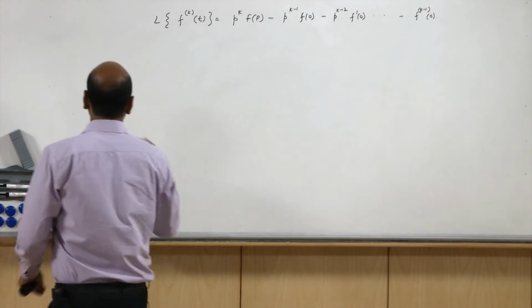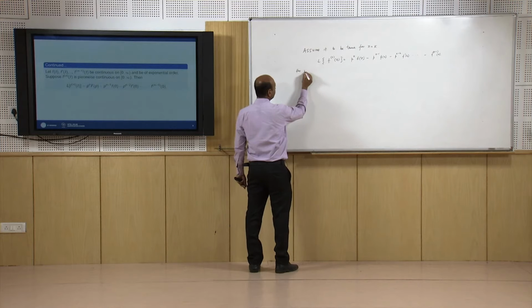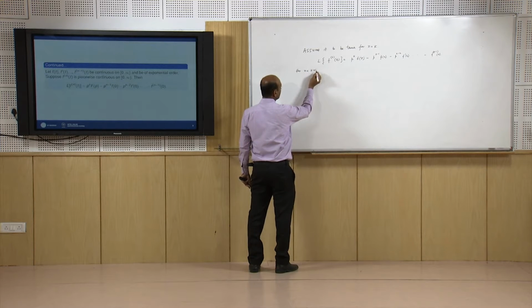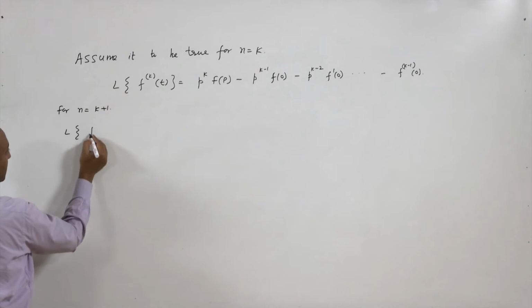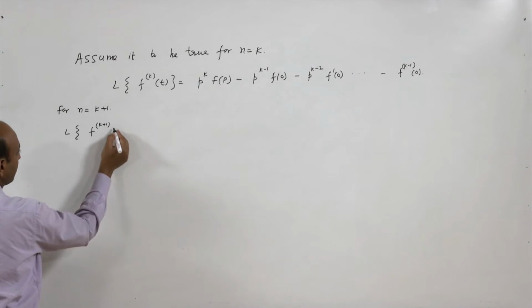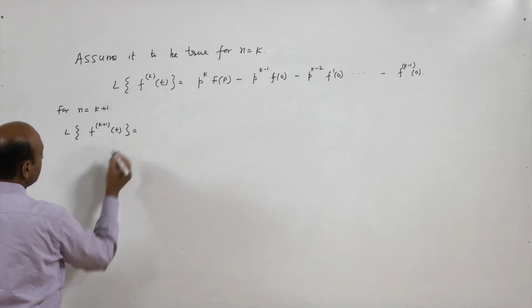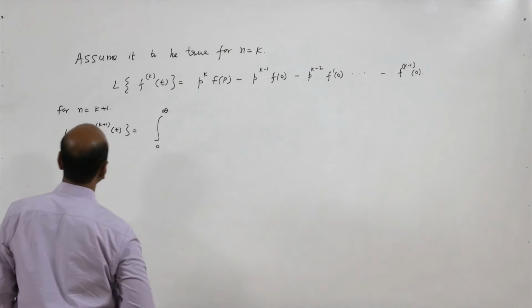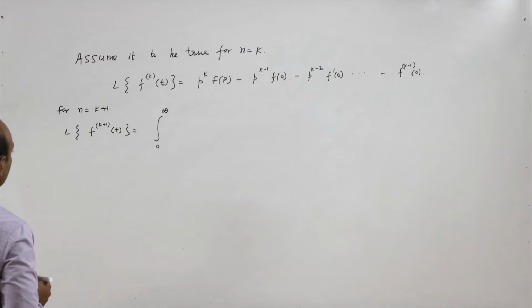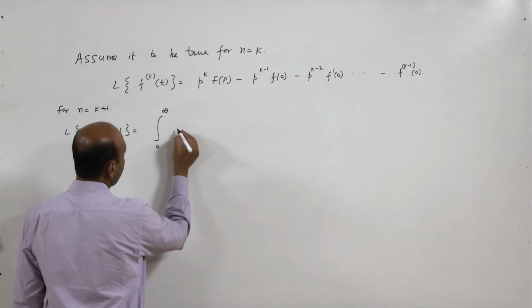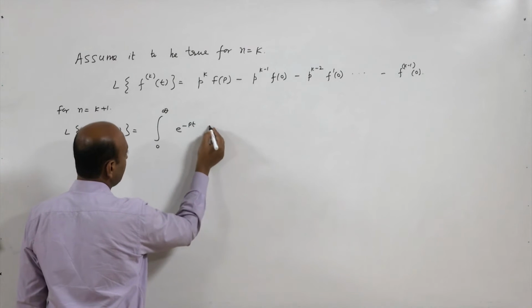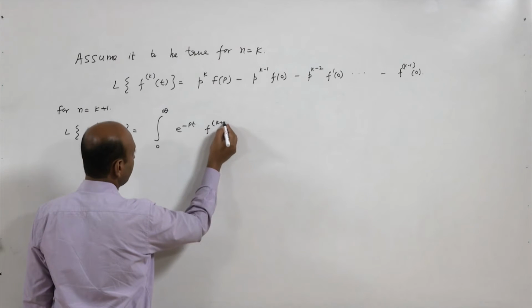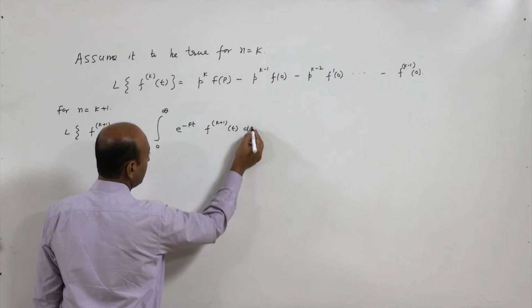Now, for n equal to k plus 1, Laplace of the (k+1)th derivative of f(t) is nothing but the integral from 0 to infinity of e^(-pt) times the (k+1)th derivative with respect to t, dt.